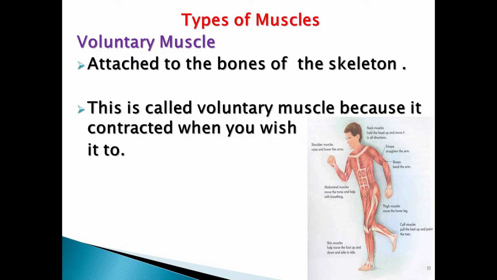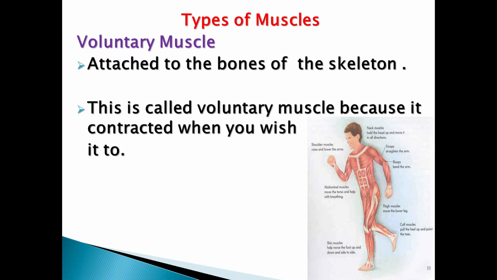Alright, as for the types of muscles, we have different types that we need to be familiar with. One is called voluntary muscle. As the word suggests, voluntary muscles normally attach to the bones of the skeleton.